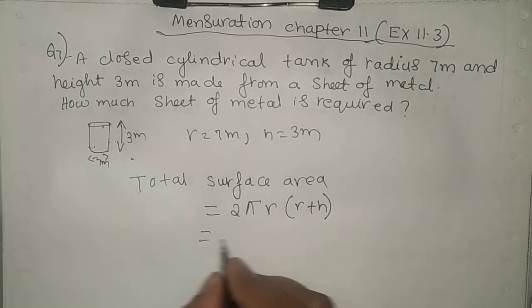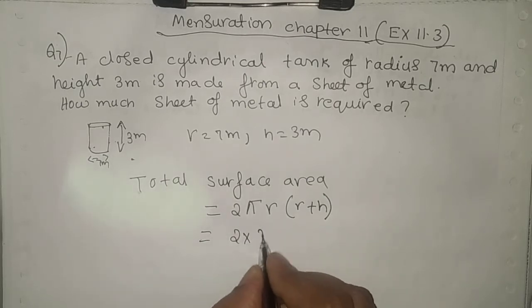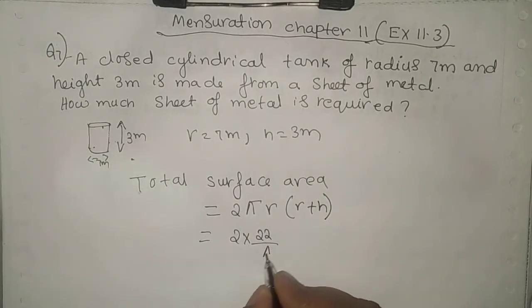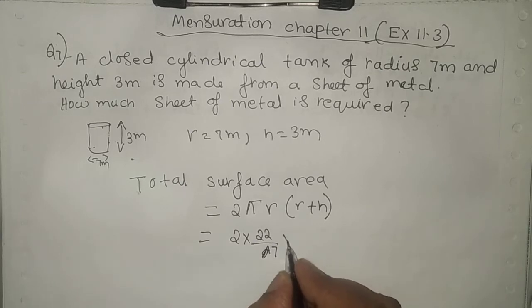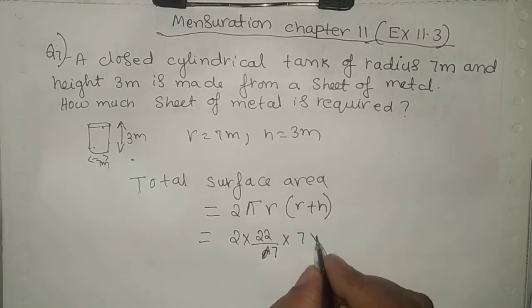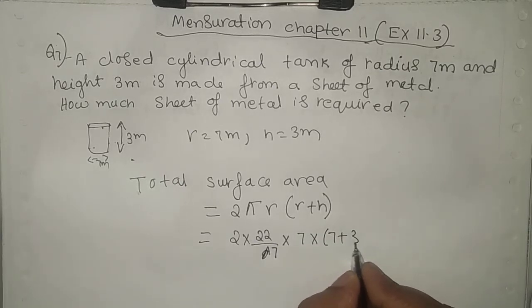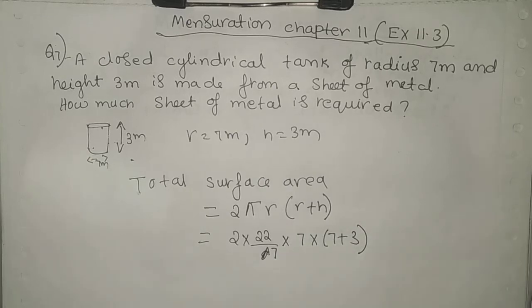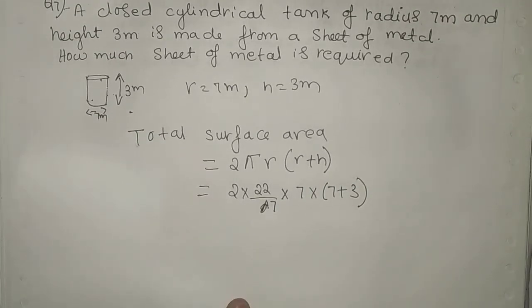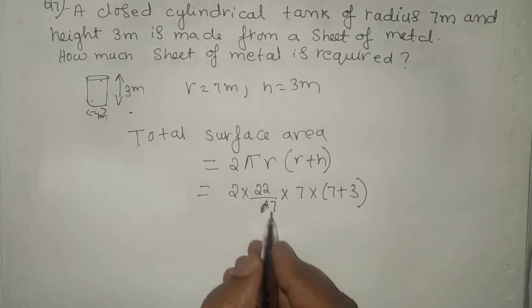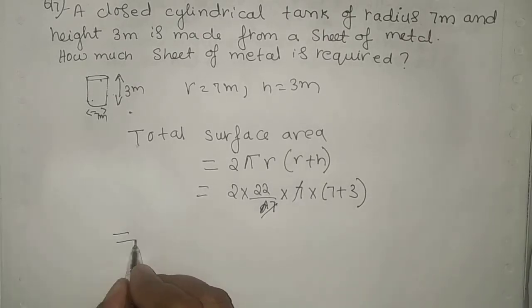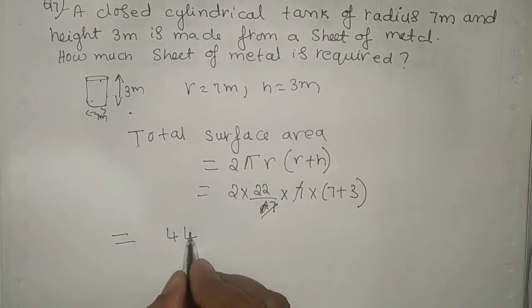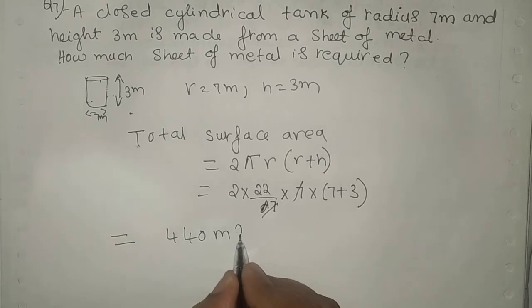Therefore substitute the values, that is 2 into pi can be written as 22 by 7 into radius is 7 into 7 plus 3, that is r plus h. Height is given as 3. Now we'll simplify this, we'll get 440 m square.